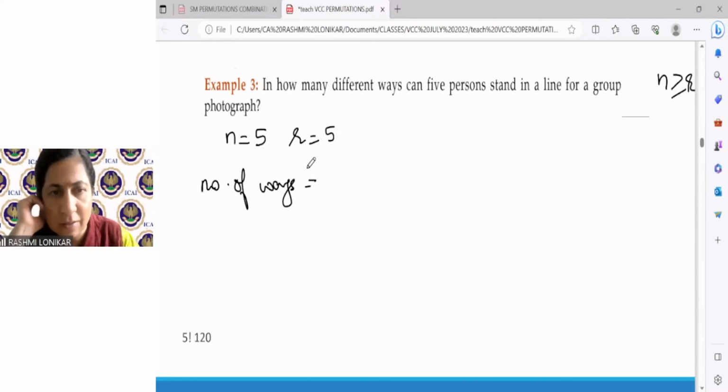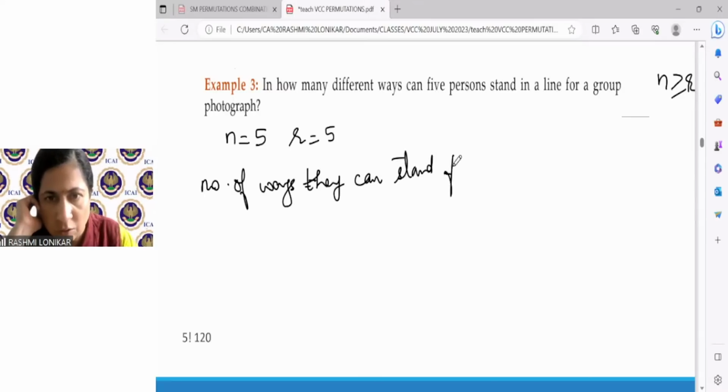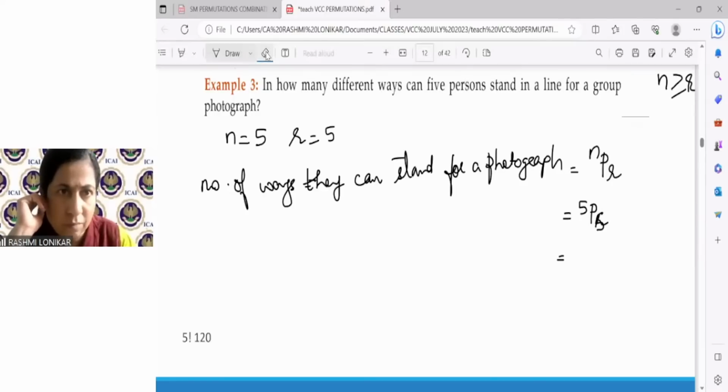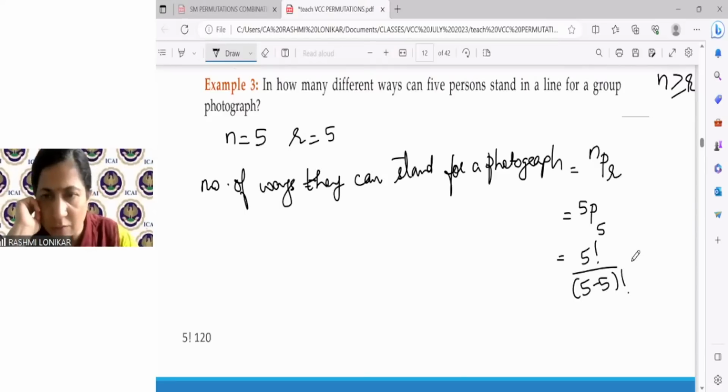they can stand for a photograph is equal to NPR, which is 5PR, which is 5P5, because N is also 5 and R is also 5. So 5P5 equals 5 factorial upon (5 minus 5) factorial, which equals 5 factorial upon 0 factorial.